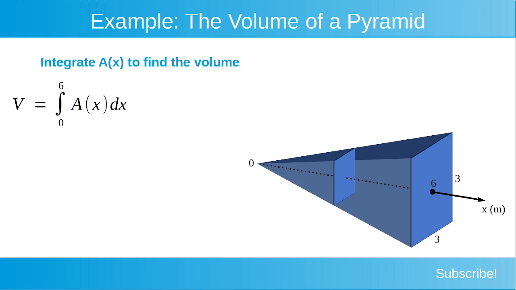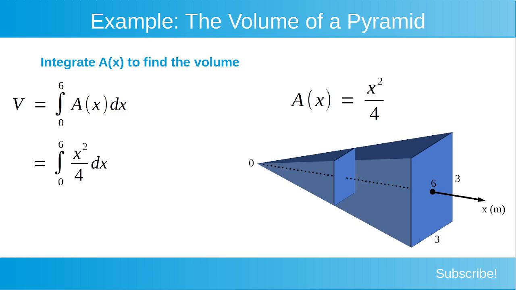So to calculate our volume, that's going to be equal to, using our equation, the integral from 0 to 6 of A of x dx. Now our function A of x, we worked out, is equal to x squared over 4.